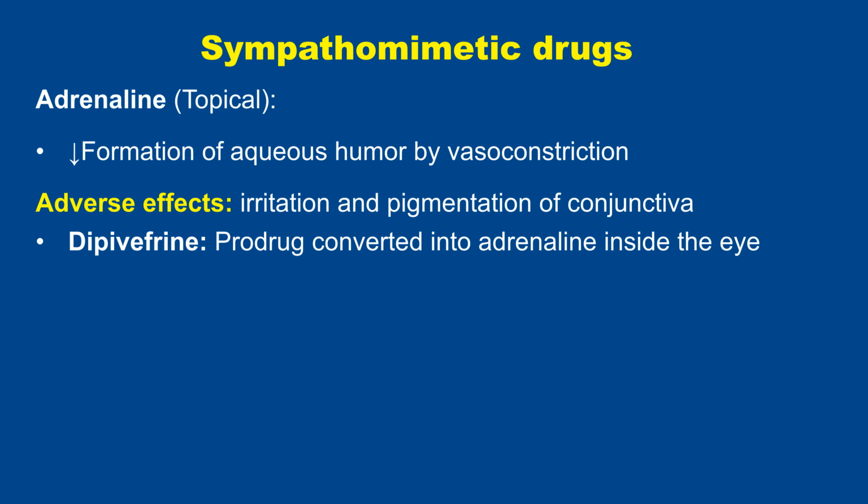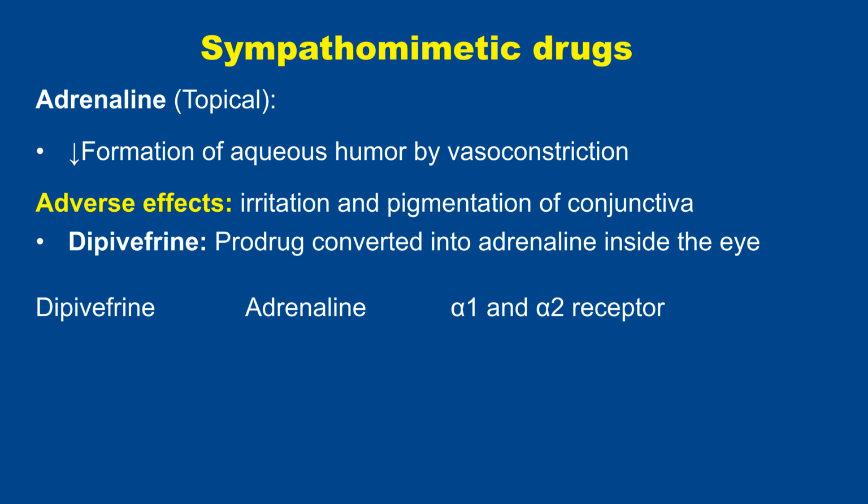Second class of drugs, dipivefrine. It is a prodrug of adrenaline which penetrates the cornea and is hydrolyzed by the esterase present there into adrenaline. So here we can see dipivefrine gets converted to adrenaline.